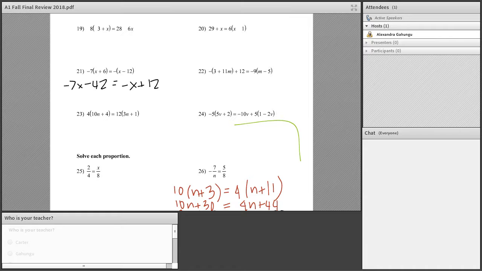You want to get x by itself, so you can move everything to the left every time, or you can move the smaller one, doesn't matter. Just as long as you stay consistent, and you'll get -6x. And then you can do it in one step or two, you can add 42.